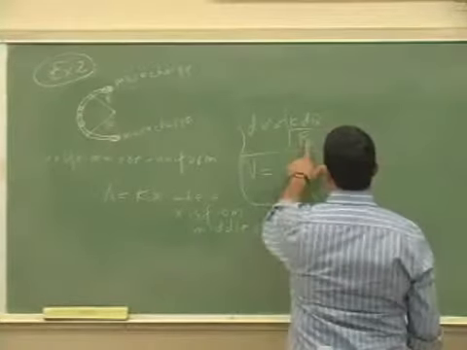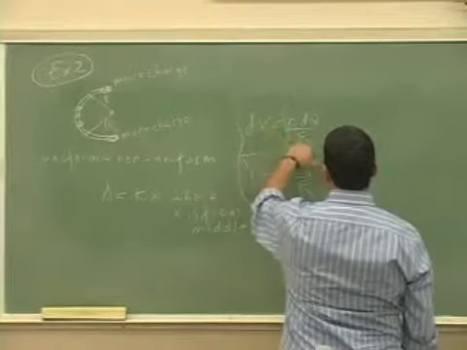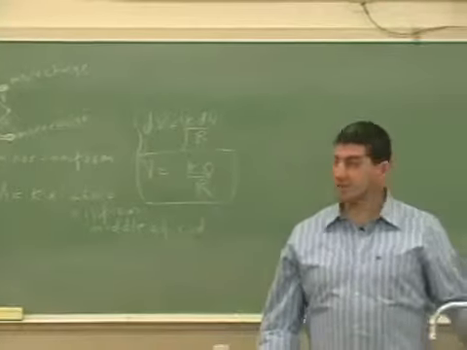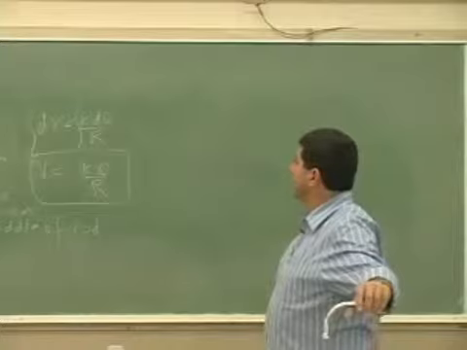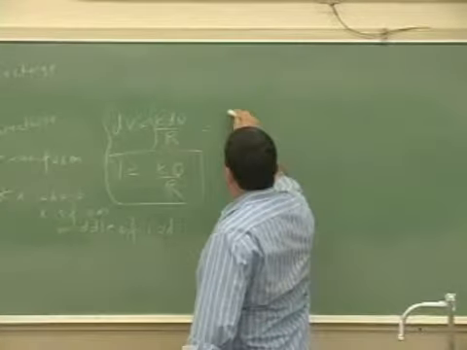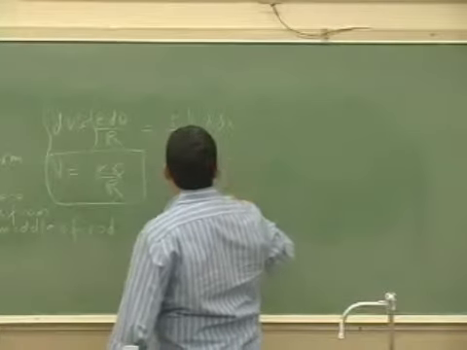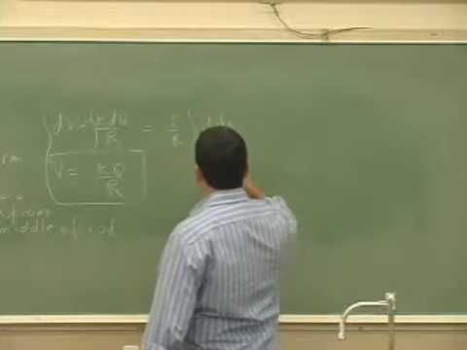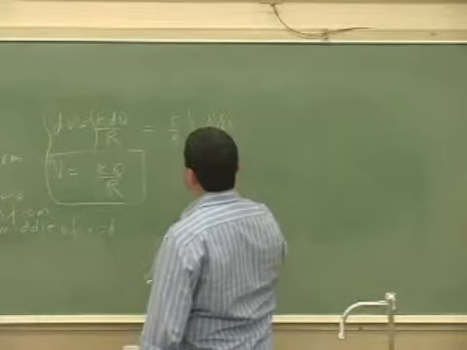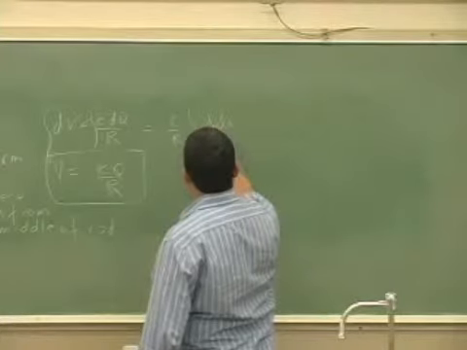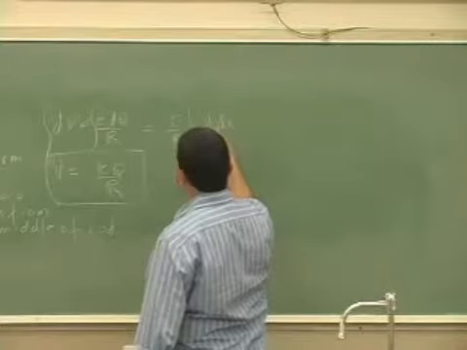You see, because r is the same, it comes out, this comes out, and then dq is lambda dx. If I went through the formal way of doing it, everything here is still constant.